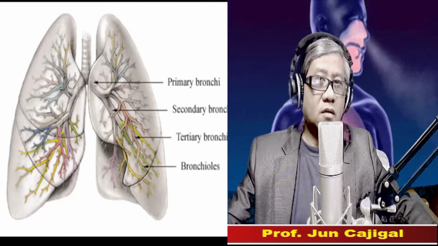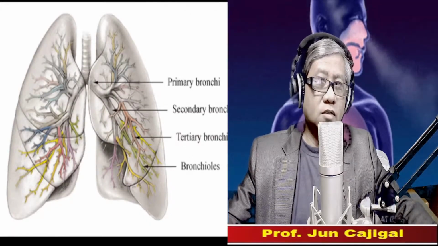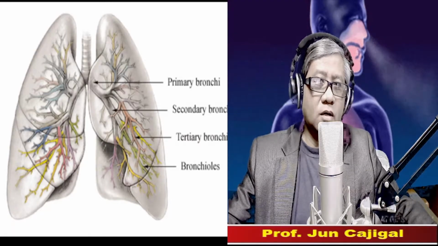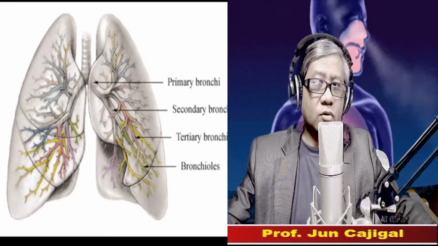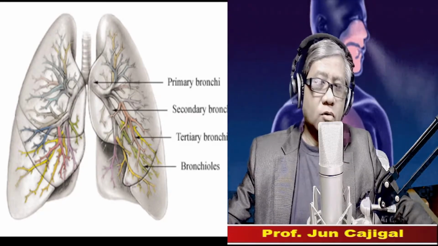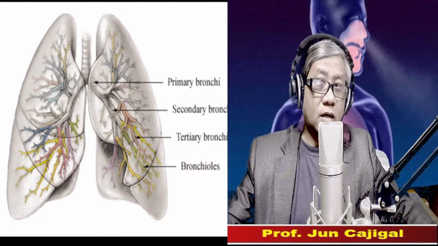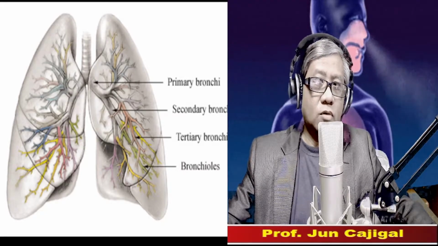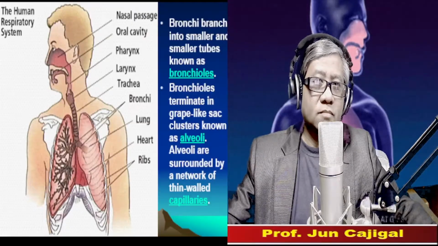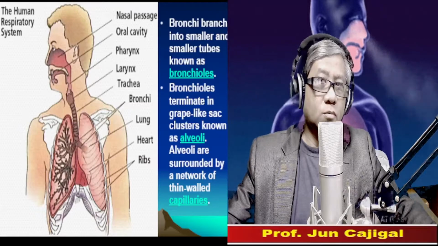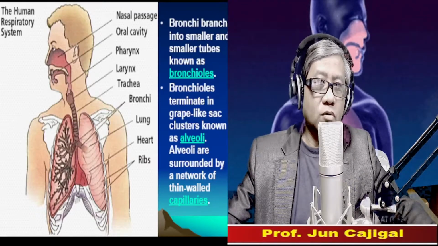And inside the lungs, the bronchi divide into smaller and smaller tubes, from the primary bronchi into secondary and tertiary bronchi, then into the bronchioles leading into the alveoli or the air sacs.